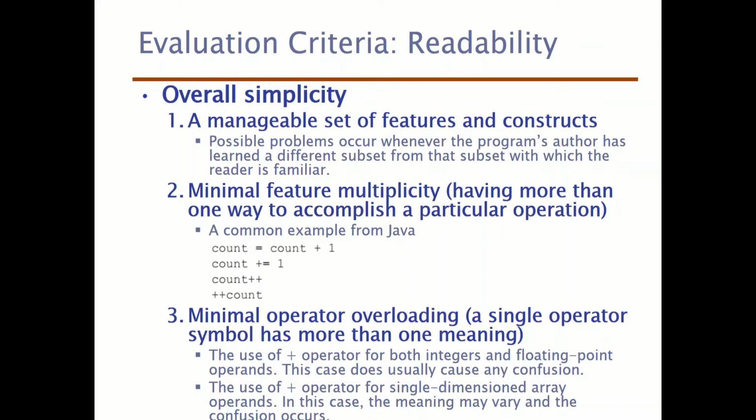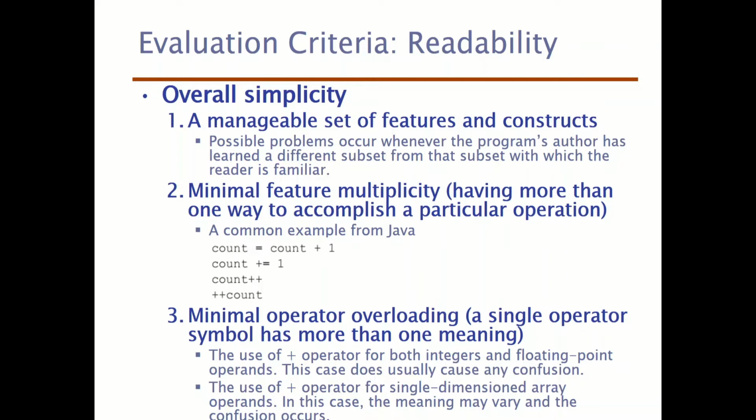If the constructs or the features of the language, the set of all these features, is manageable and easy to be understood, then we wouldn't have much trouble. But now look at this. If we have an extensive set of features and constructs, a programmer may be aware of a subset of the whole set, but not all of it.